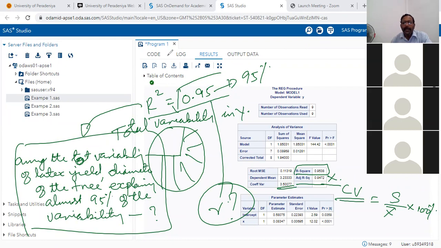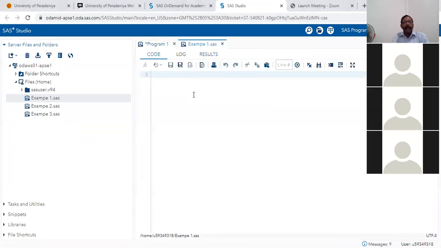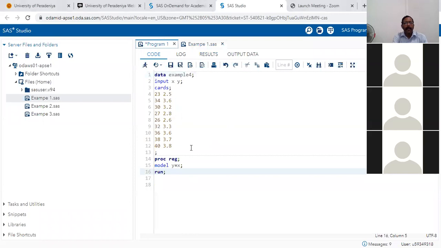Any questions from here? To get the R, we'll have to write a different program. It says clock correlation.